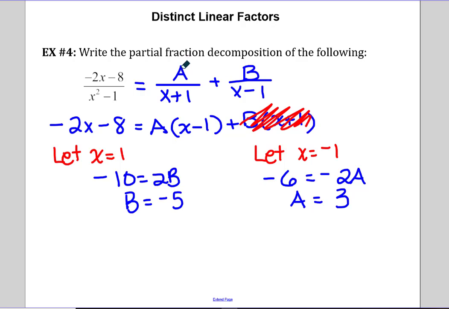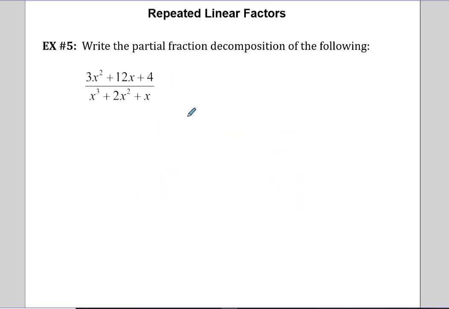And then back to our original problem, if positive a is 3 and b is negative 5, I can change this to minus if we want, or you can leave it plus and put the negative up here, either way. So you have your partial fraction decomposition. So this is not a hard thing. You just have to be careful with the arithmetic and the algebra.